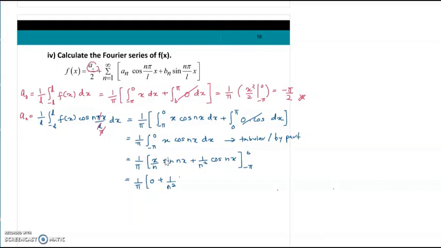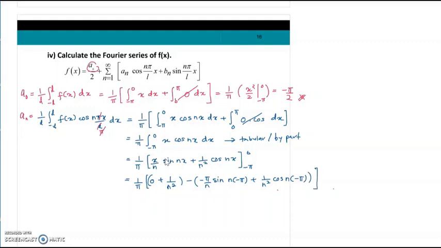Minus, this is when x equals 0, minus with, now x equals negative pi, so we have negative pi over n sine n negative pi, plus 1 over n squared cos n negative pi.